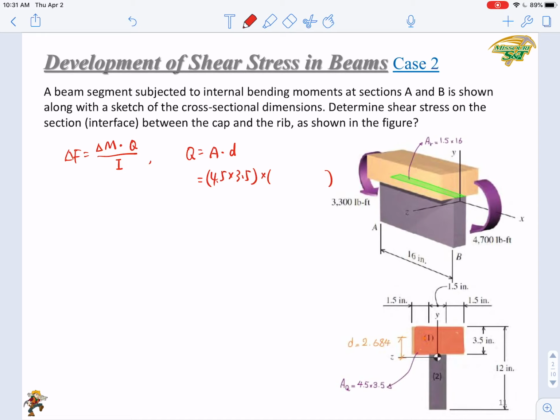The D equals Y bar minus Y of the area, the cross section of the cap. That is the overall height over 2, since it's a rectangle.